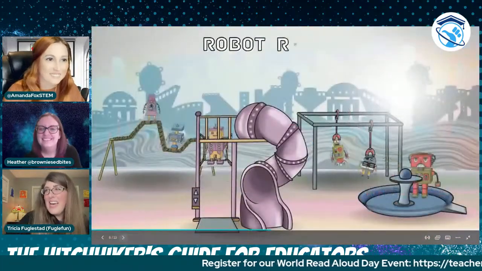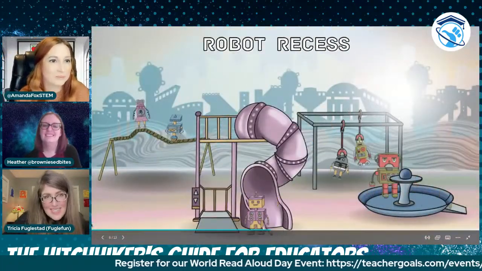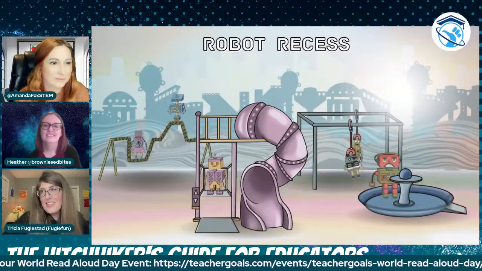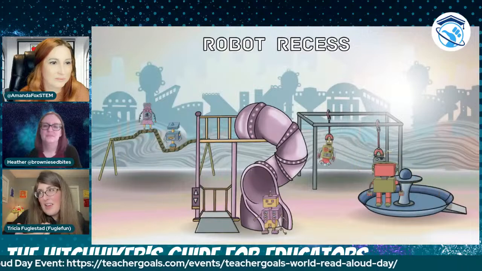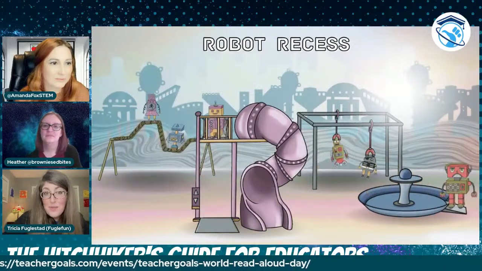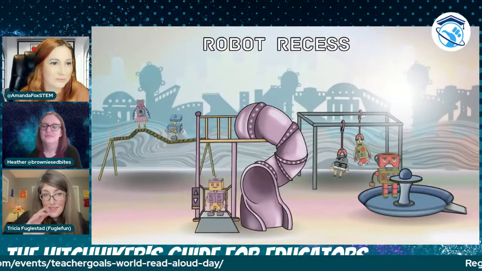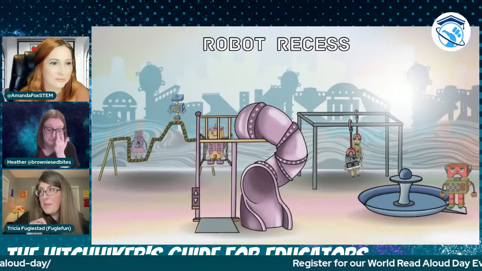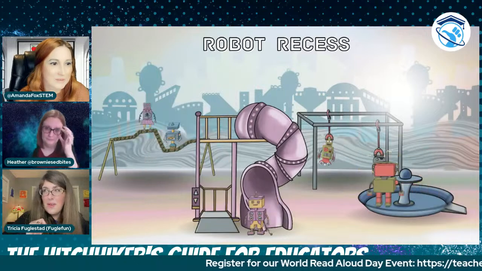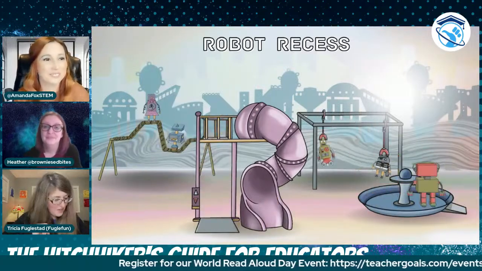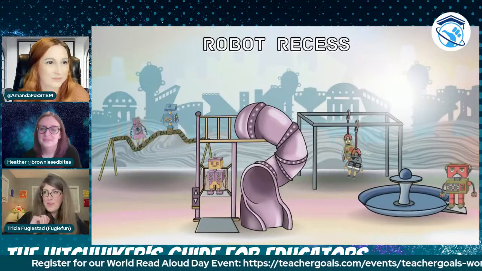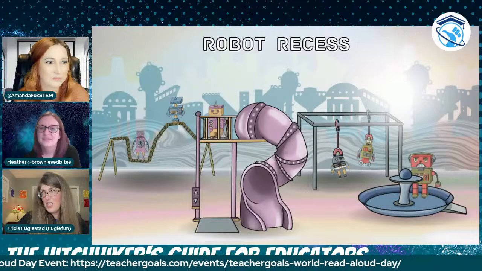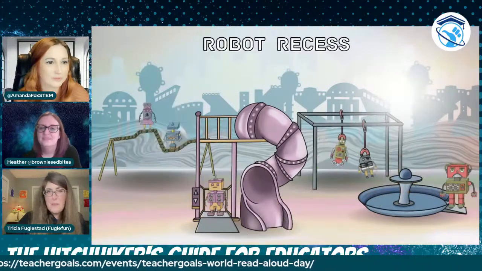And I was thinking, what does recess look like when you're a robot? How do you like to play? And one of the things I was thinking about is, not all the robots can climb stairs. Their legs don't necessarily work that way. So they've got the slide-ovator, and then there's a crank shifter, and then there's a magna mover.